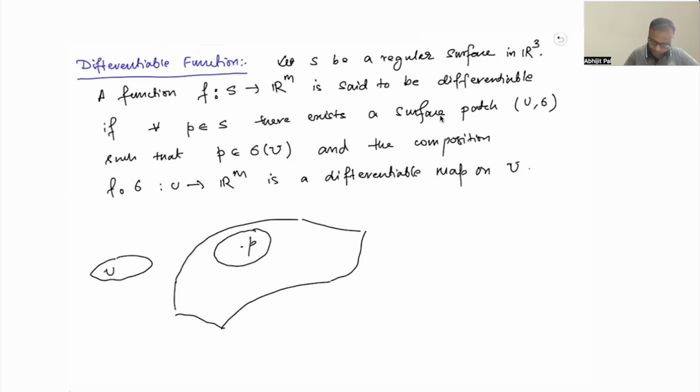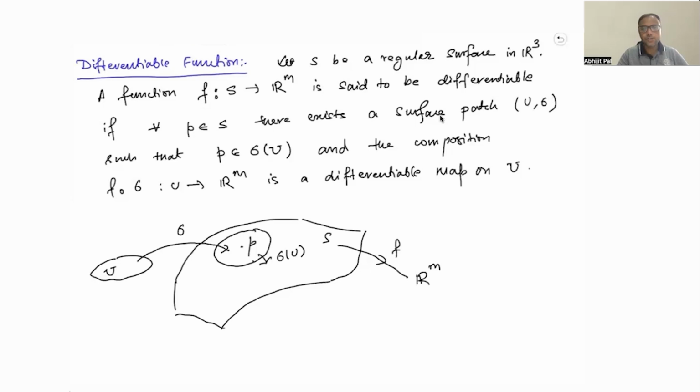This is my U, and I have a map sigma defined on this U, and sigma of U is this set. Now f is a map defined on the surface S, so therefore f compose sigma makes sense. If f compose sigma is differentiable, then we say this f to be differentiable.